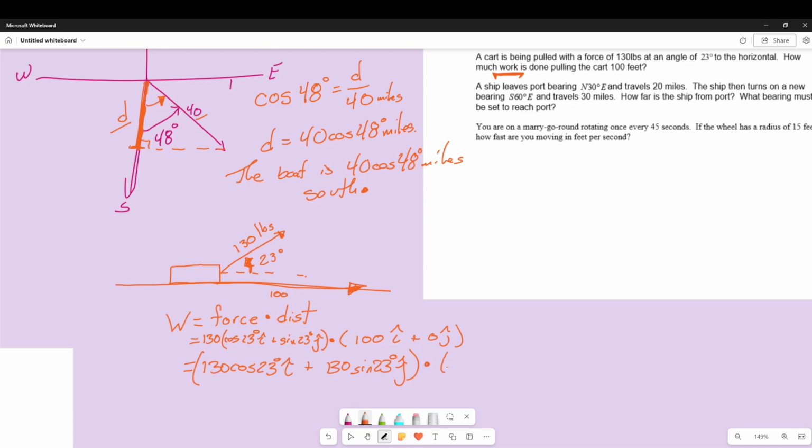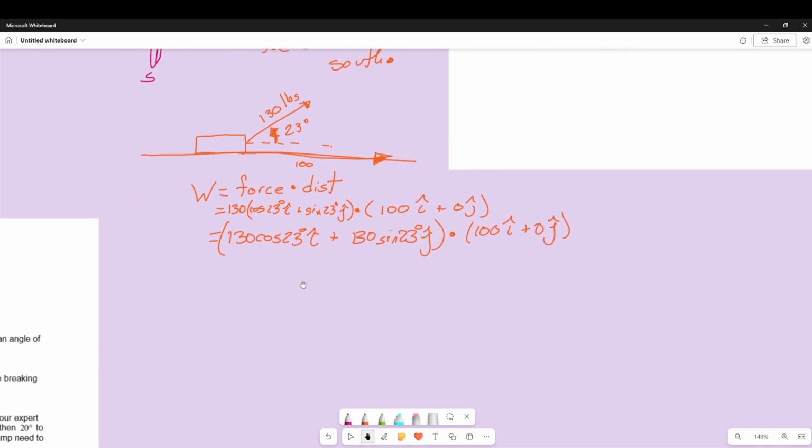We're going to dot that with our distance vector. And it's nice that it has a 0 in it because it's not going at some weird angle. And that's going to find their product giving us work and naturally accounting for the loss of force from that angle. So how do we find the dot product? You remember the dot product is the product of like components. So that 100 feet times the 130 cosine 23 degrees.